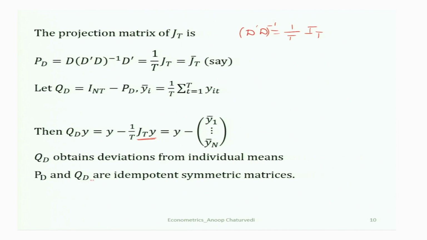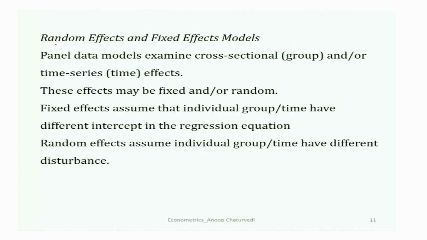Both P_D and Q_D are idempotent symmetric matrices. If you multiply any vector by Q_D, then you get the deviations from individual means. Now we consider random effects and fixed effects models. In panel data models, we examine cross sectional or group effects and or time series effects, and these effects may be fixed or random.